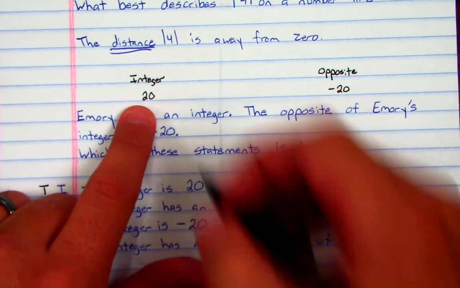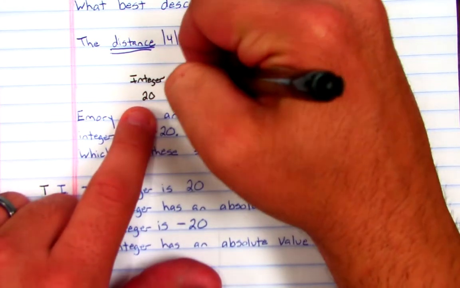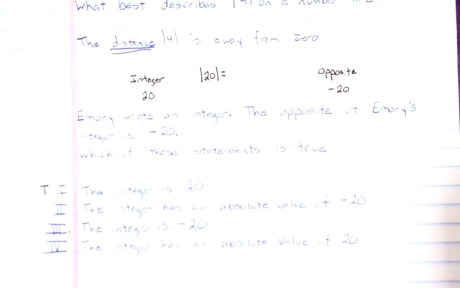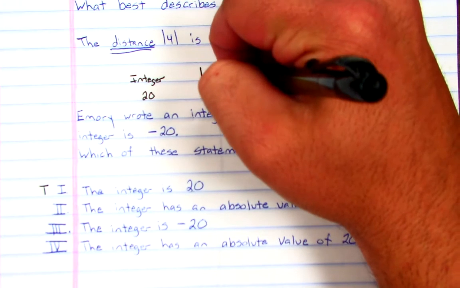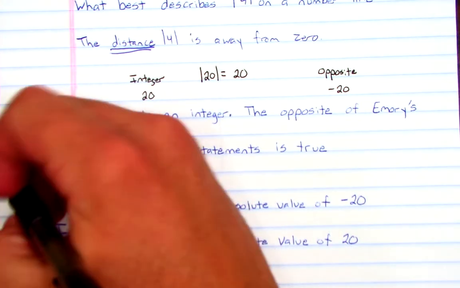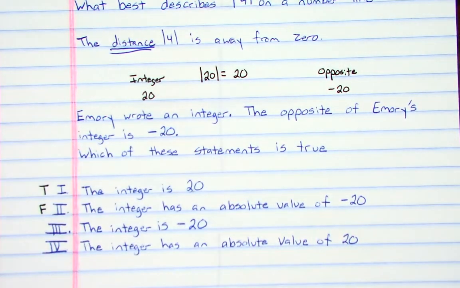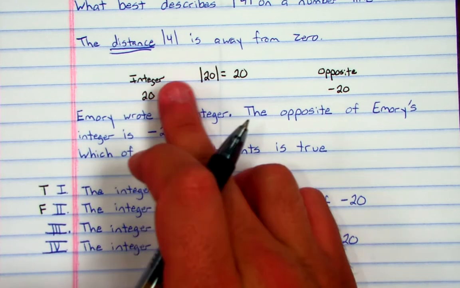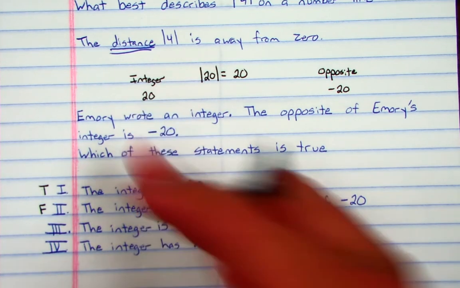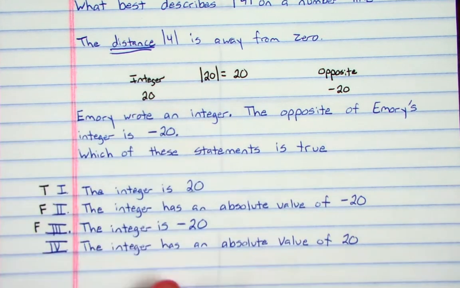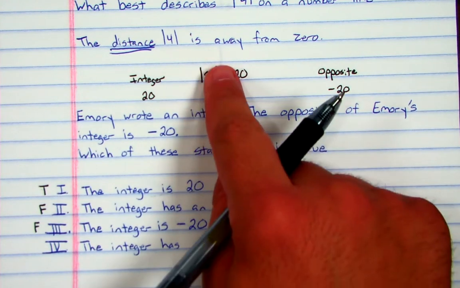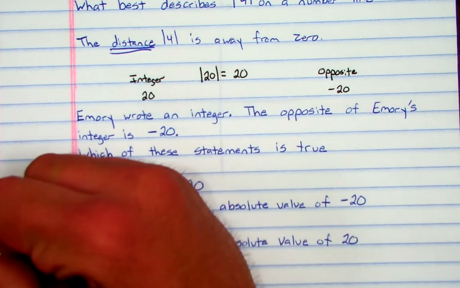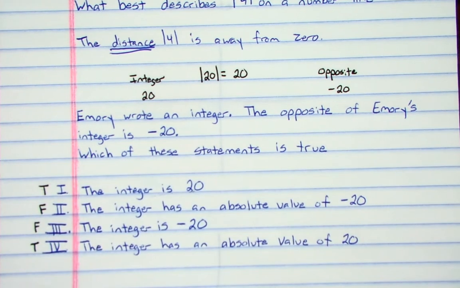Well, what is the absolute value of 20? That's just 20. So this is false. The integer is negative 20. Well, no, it's not. The integer is 20, not negative 20. So that's false. The integer has an absolute value of 20. Well, the absolute value of 20 is 20. That is true. Look at that. You have two of them that are true now.